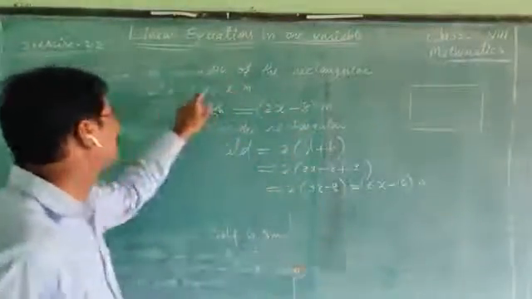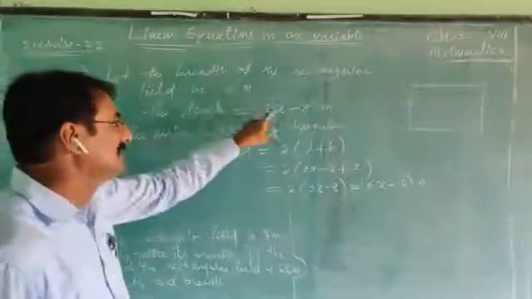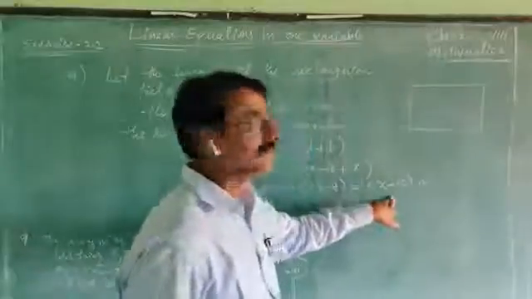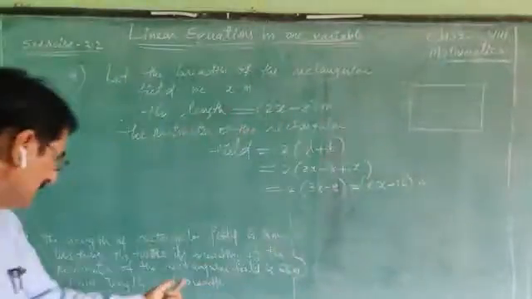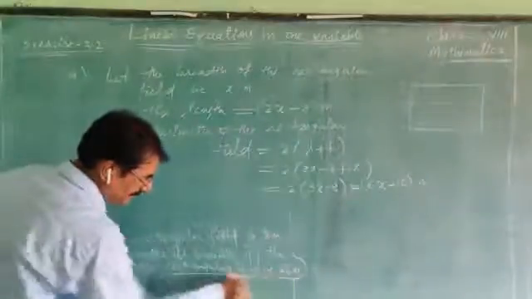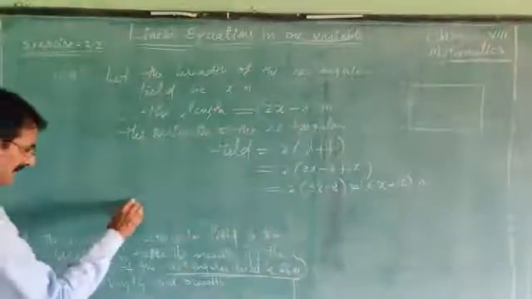If we take the breadth equal to x and length 2x minus 8, we got this perimeter of the rectangle. But in the problem given, how much? 56.